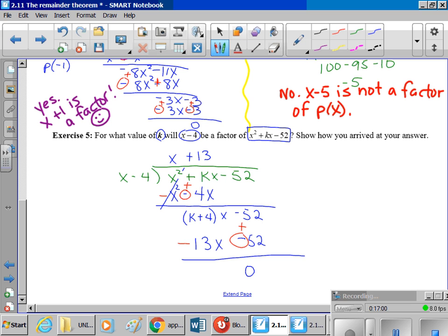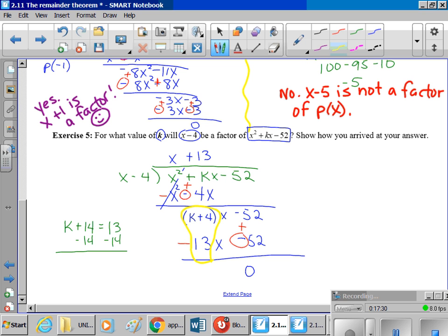But now I have to pay attention to this piece here. Because if I look at this, I have to go off to the side a little bit. I know that k plus 14 has to equal a positive 13, because once I change the signs, that turns to a negative 13, which means they would cancel out to 0. So minus 14 from both sides, and k is equal to, no, that's not right.